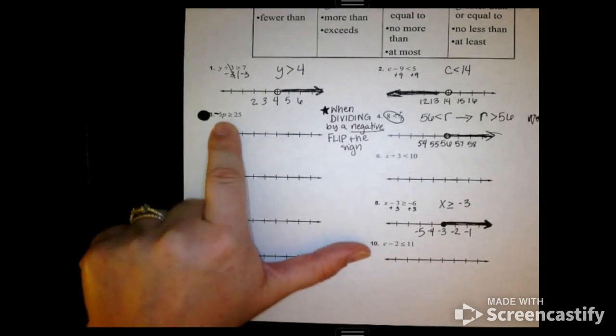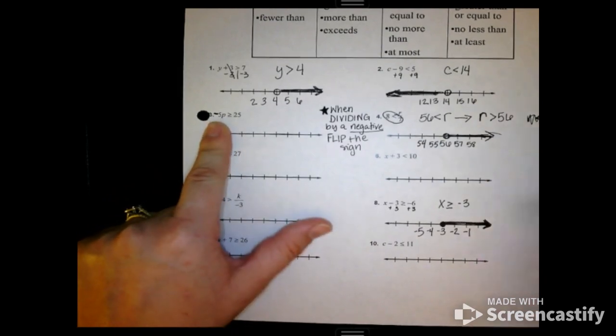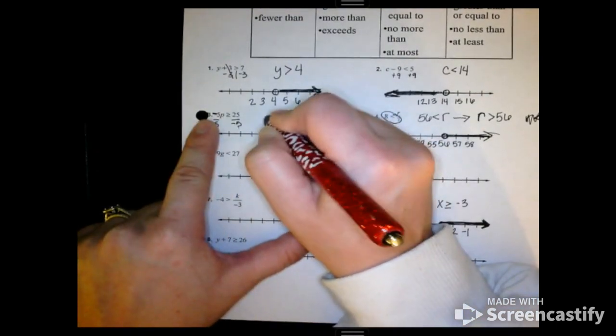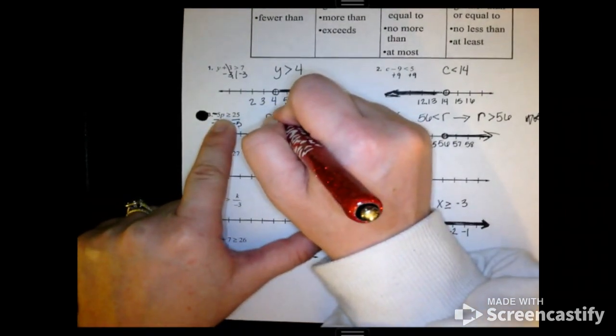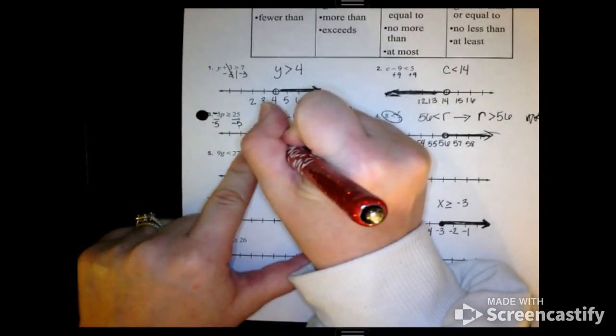Okay, so right here, if this is a -5, I would have to divide to solve, right? So I would divide by negative, divide by negative. What is 25 divided by -5? -5. All right, so I have P and I have -5. My sign, I have to flip. All right, you have to flip it.